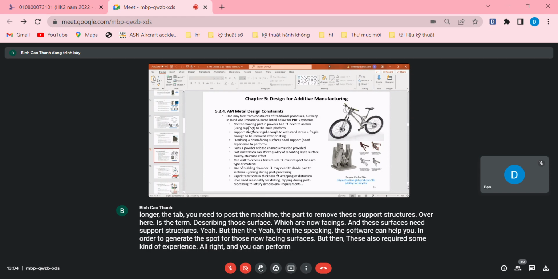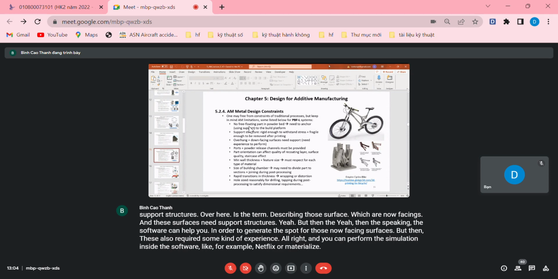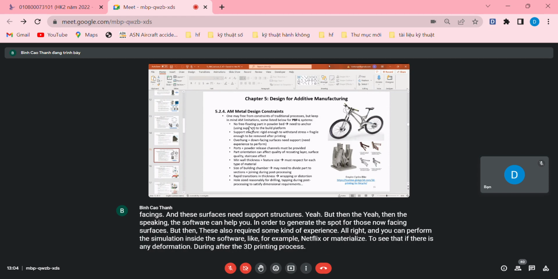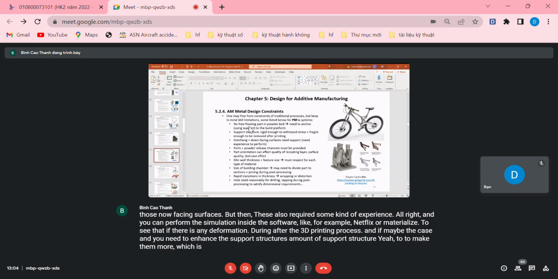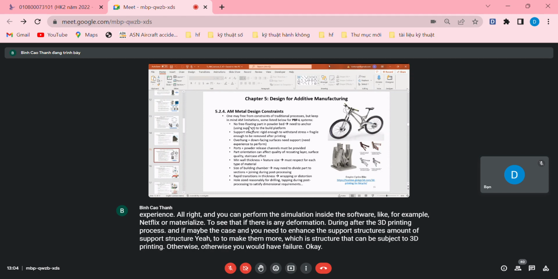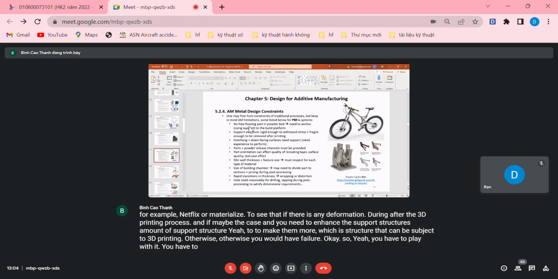You can perform a simulation inside software, for example Netfabb or Materialise, to see if there is any deformation during or after the 3D printing process. If so, you need to enhance the support structures, increasing the amount of support, to make the structure more rigid so it can be 3D printed. Otherwise you would have failure. So you have to play with it.